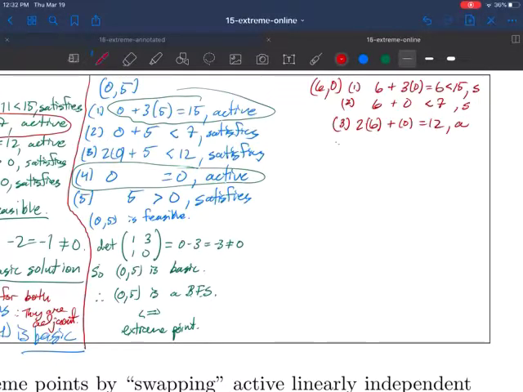That's active. I'll write an A. Constraint 4: 6 is strictly greater than 0. That's satisfied but not active. And constraint 5: 0 equals 0. That's active. So I see that all the constraints are at least satisfied. Remember, active just means satisfied with equality. So (6, 0) is feasible.